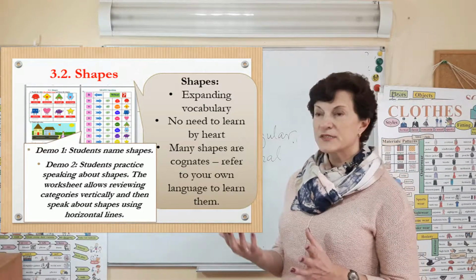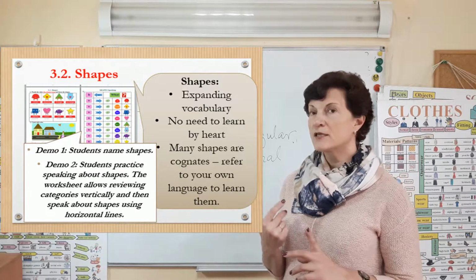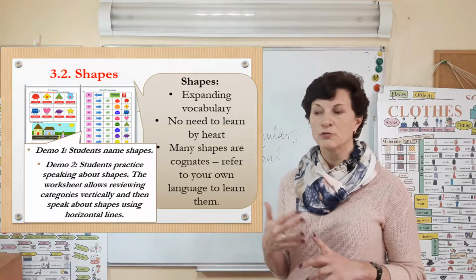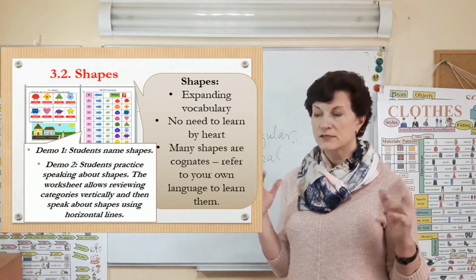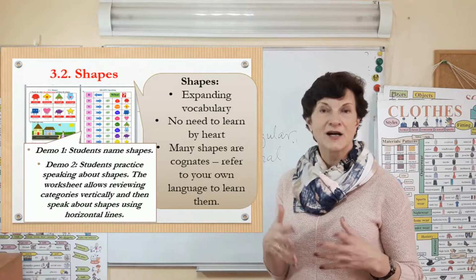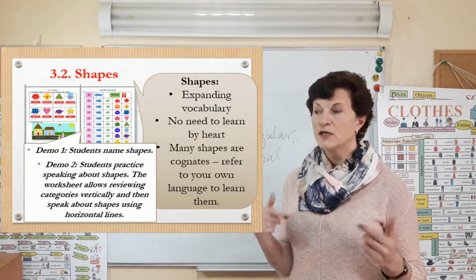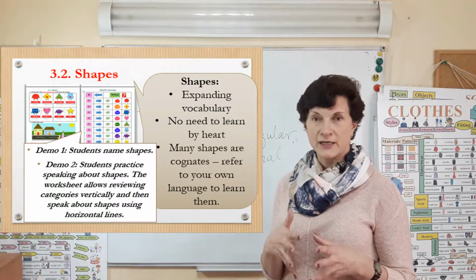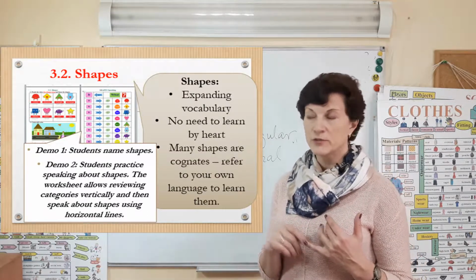However, shapes may be learned through many ways, and one of them is to find cognates in your own language. For example, for us, these shapes will contain a couple of cognates, such as oval and circle. We will be able to find the similar words in the Ukrainian language. Probably you can find the cognates in your own language.